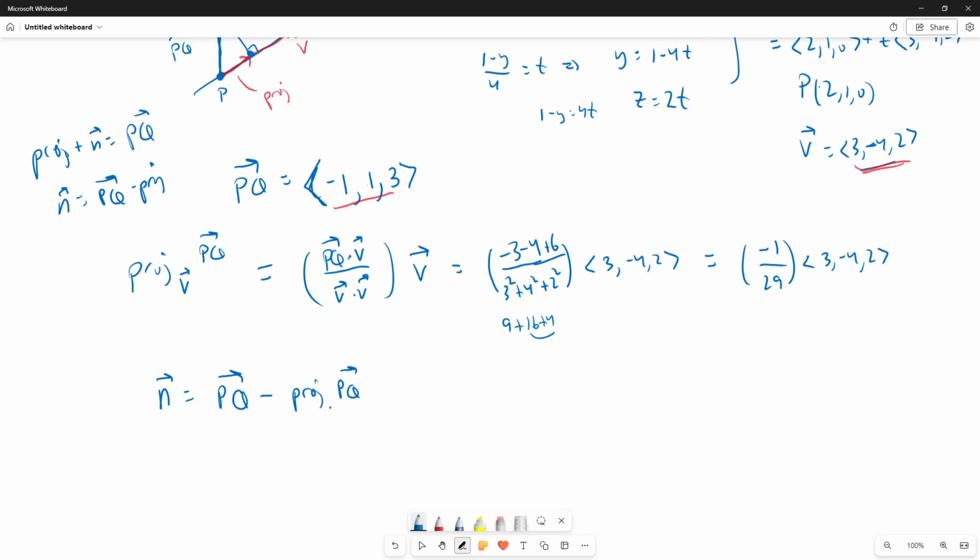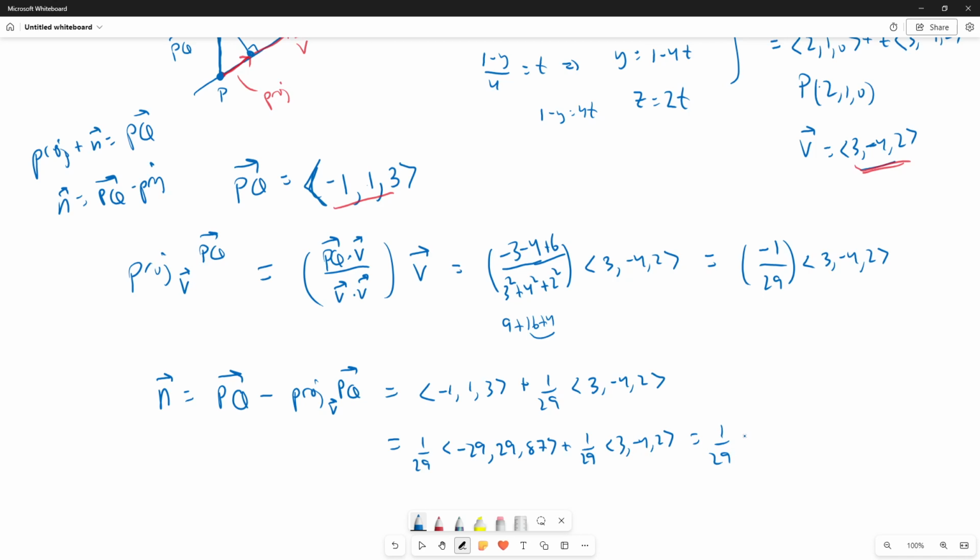So N is PQ minus the projection of PQ onto the direction vector V, which is (negative 1, 1, 3) minus, that's a negative, so plus 1 over 29 times the vector (3, negative 4, 2). To add these, we want to factor a 29 out, so this is 1 over 29 times (negative 29, 29, and 3 times 29 is 87), and then 1 over 29 times (3, negative 4, 2).